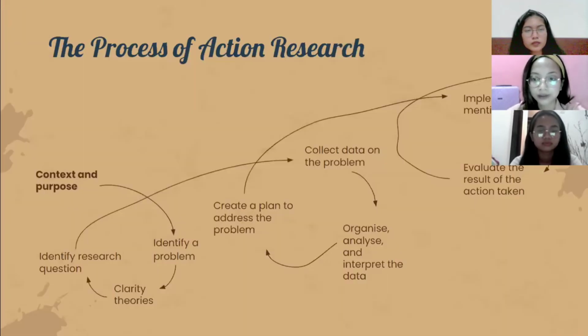Next, the process of action research. The first process that needs to be finished is context and purpose.